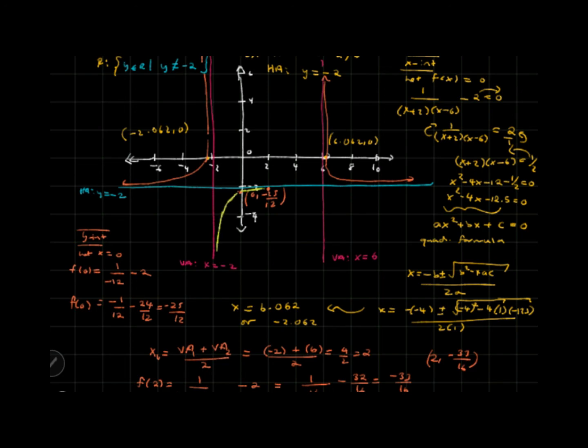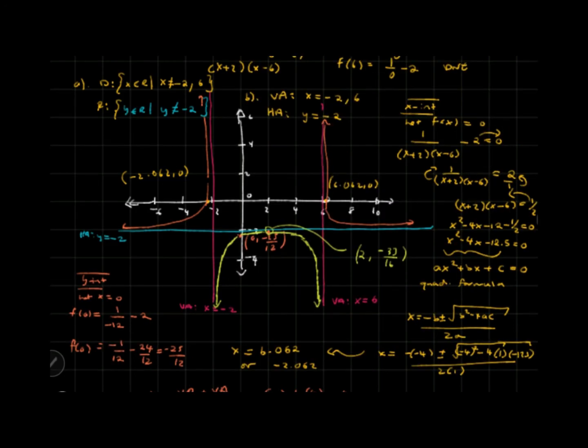This is what the parabola will look like. It is somewhat narrow, and we are just generating a sketch. This point here is the vertex, and the vertex is 2 and negative 33 over 16.